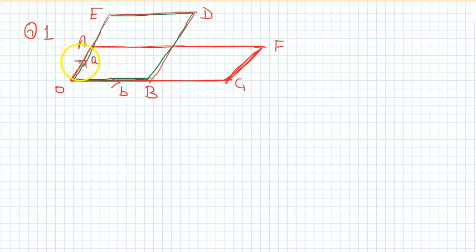Now this is A. Is A the midpoint? Yes, A is the midpoint.